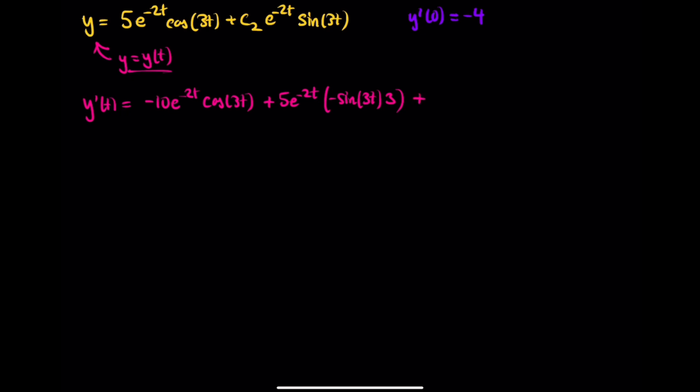So this is again going to be done by product rule. So then you have a minus sign here, so minus 2c2 e to the minus 2t sine 3t plus c2 e to the minus 2t 3 cosine 3t.